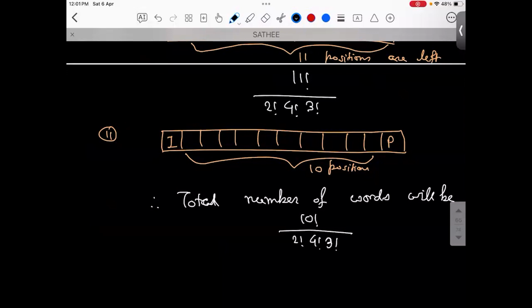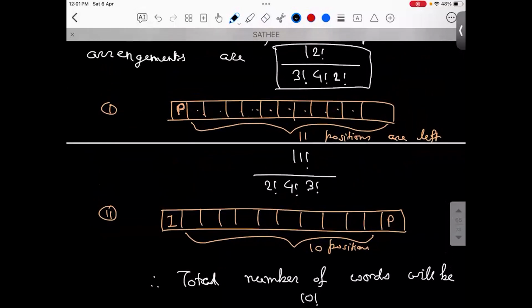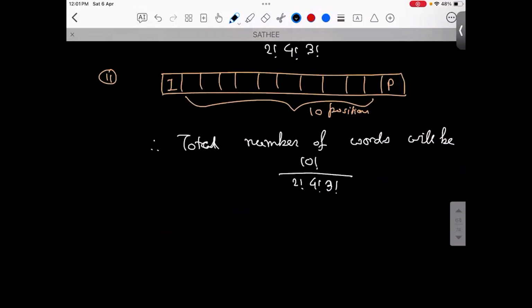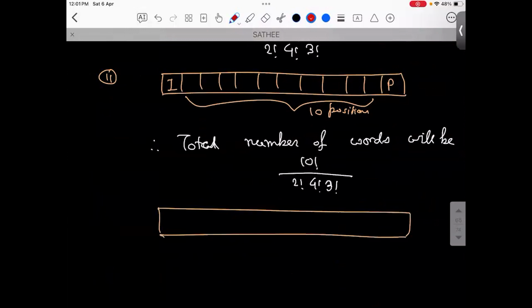Okay. In that case also, if I fix some of the repeated elements in the first position or in the last position, then also we can change the denominator. For example, if I put some word with the first element as E and last element as E, both the elements are E. So the first position will be E and the last position will be E. 1, 2, 3, 4, 5, 6, 7, 8, 9, 10.